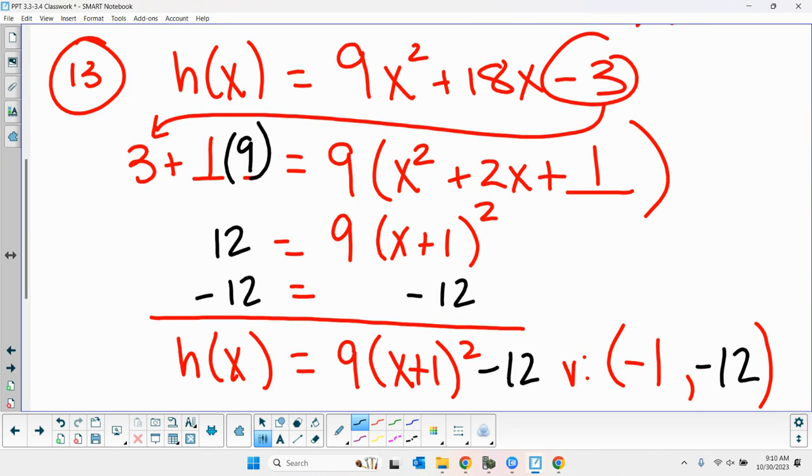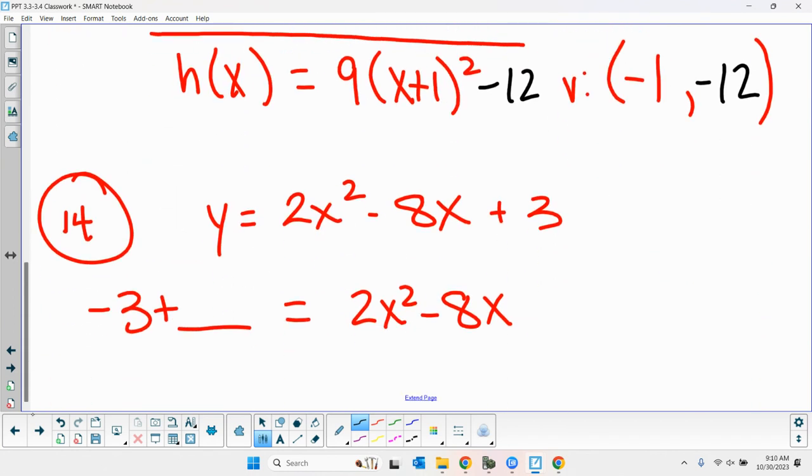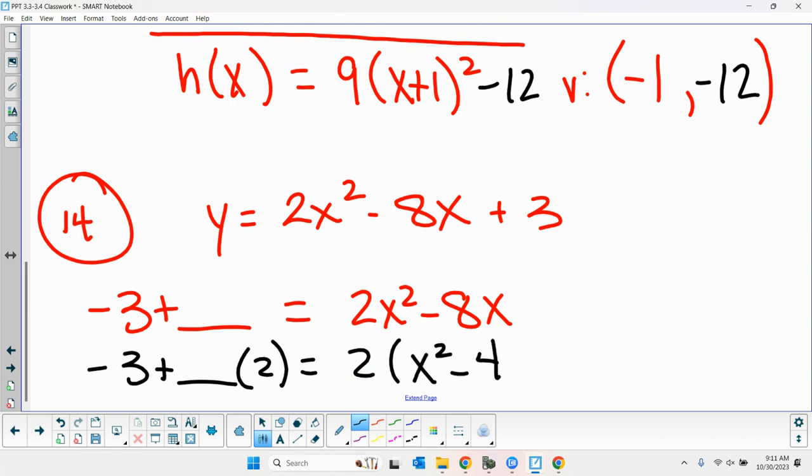All right, so on number 14, let's not forget about that. I'm going to factor that 2 out, so I'm going to put it in right now. When I take the 2 out, I get x squared minus 4x.